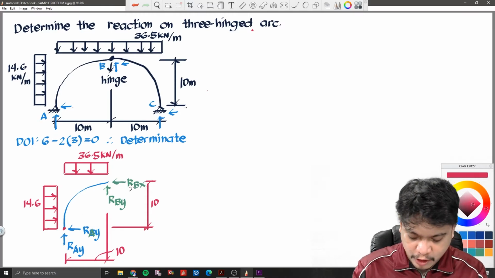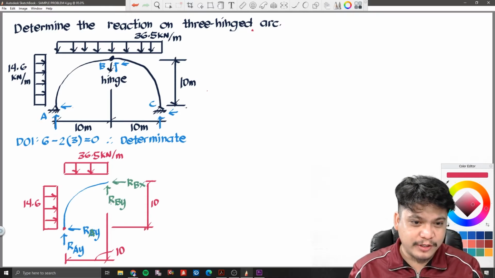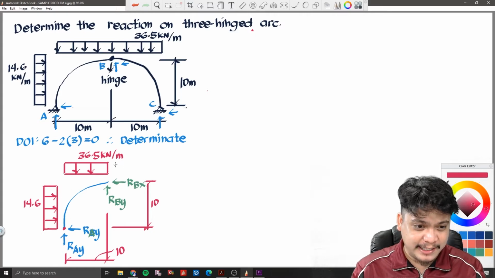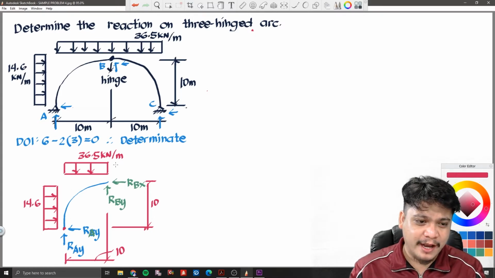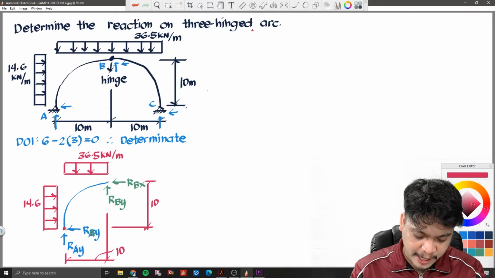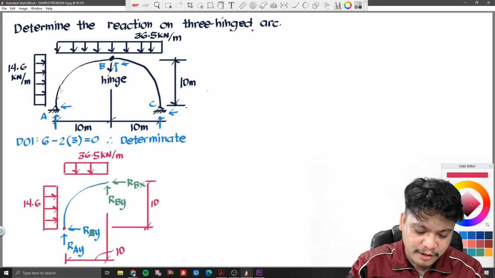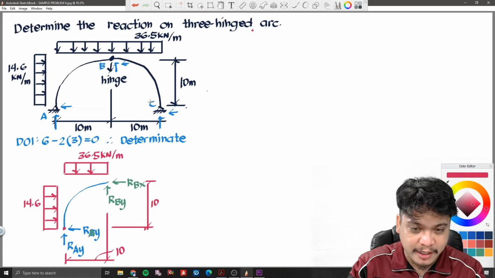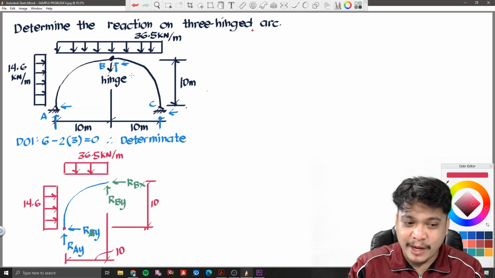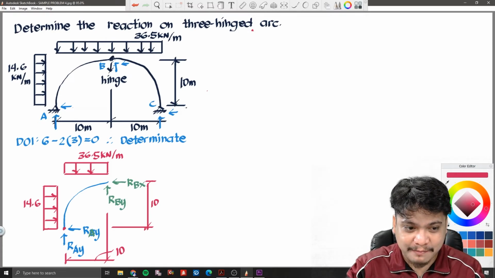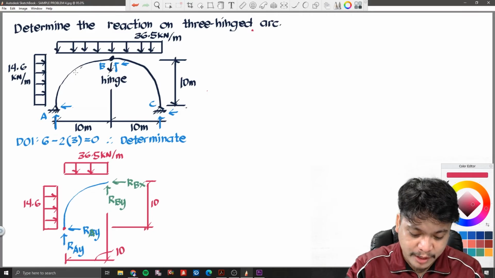So, ang gagawin ko, kasi apat yung unknown, so technically, hindi to kaya ng isang equation lang. So, ang gagawin natin, kasi itong part ng B, parehas silang available, kumbaga, part siya ng isang rigid body dito, part din siya ng rigid body doon. Ibig sabihin, you might not take the moment on that, kasi kukuha tayo ng isang moment dito.